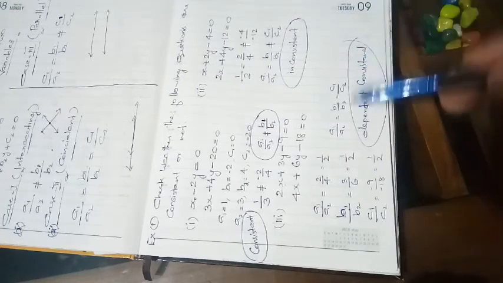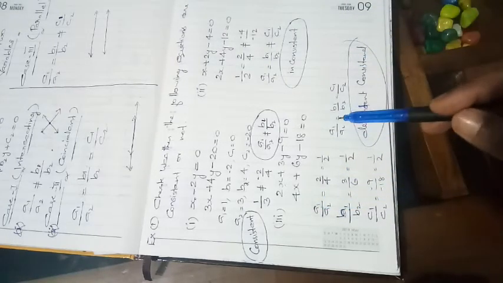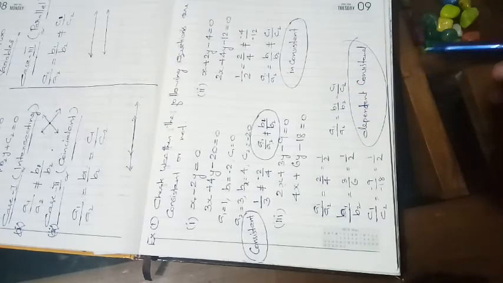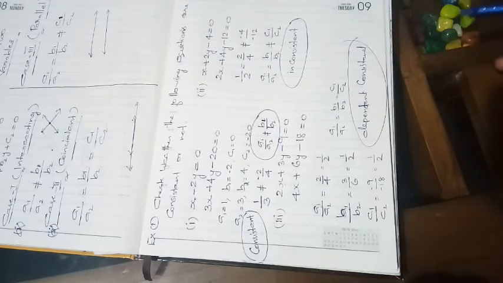And similarly the third one belongs to a1 by a2 equal to b1 by b2 equal to c1 by c2, so it belongs to dependent consistent. So these are the three cases. Okay.